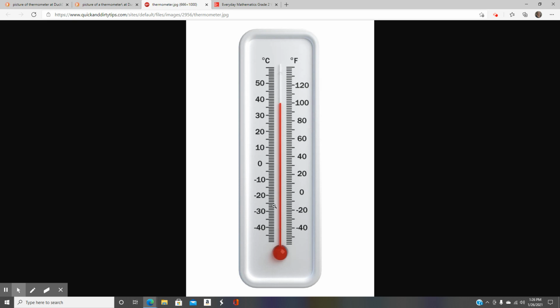And you'll notice that there's lines also in between the numbers. So on this side, on the Celsius side, it's counting by tens, but in the lines in between, it's counting by fives. So if you just count by fives on the longer lines, it would count like this: negative 35 degrees.